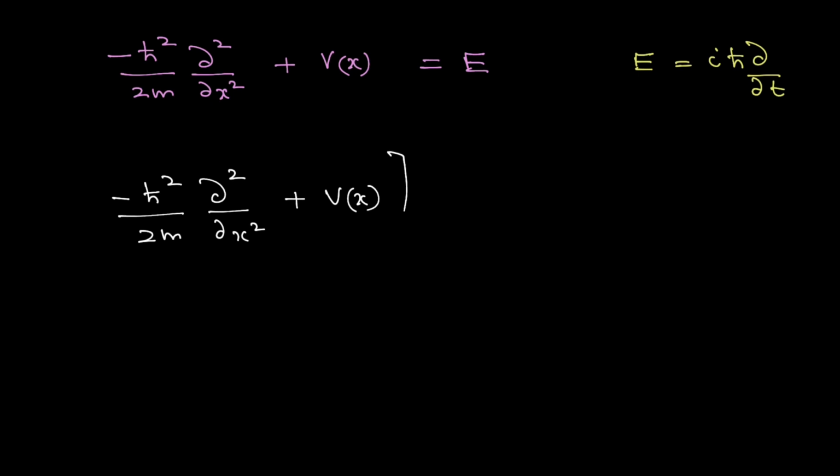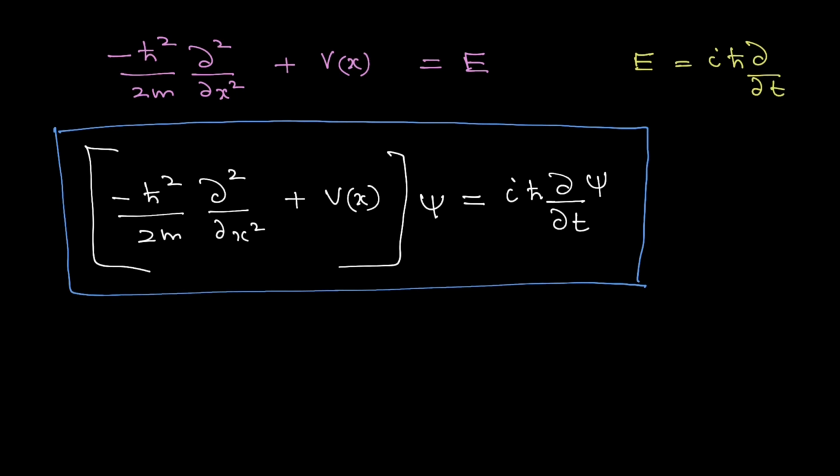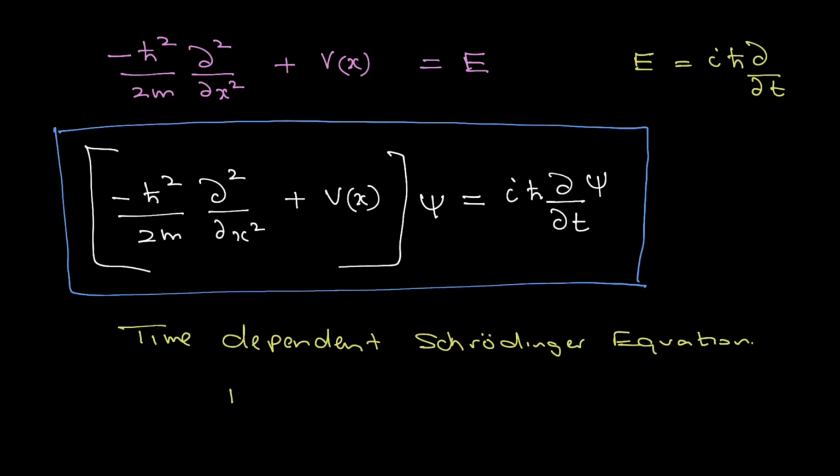Well, let's multiply everything by psi, and that will be equal to, well, E is i h bar partial derivative with respect to t multiplied by psi. And so this is the time dependent Schrodinger equation, which you might call TDSE, because this one has time in it.